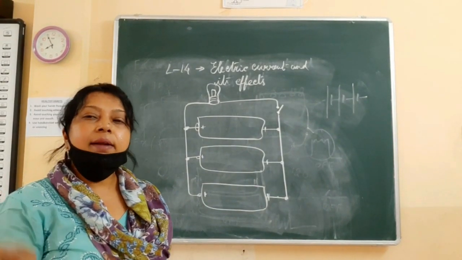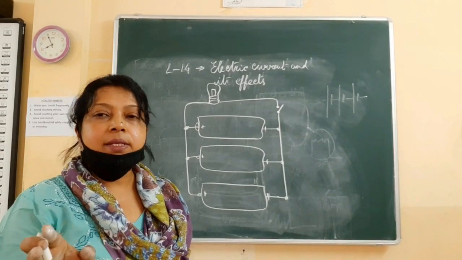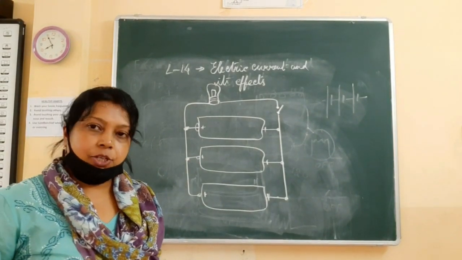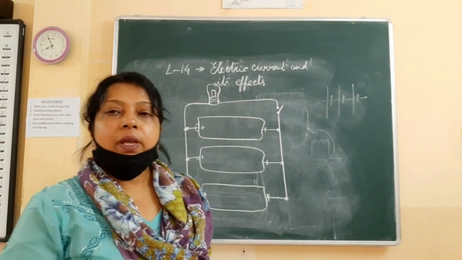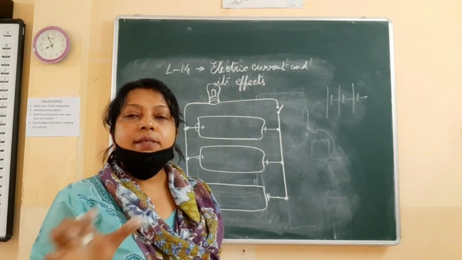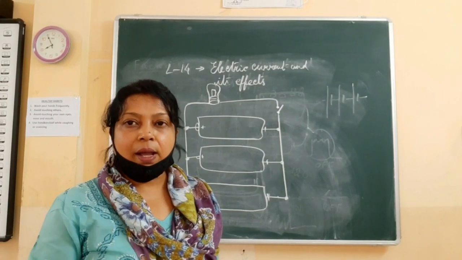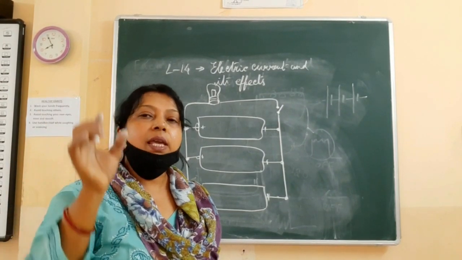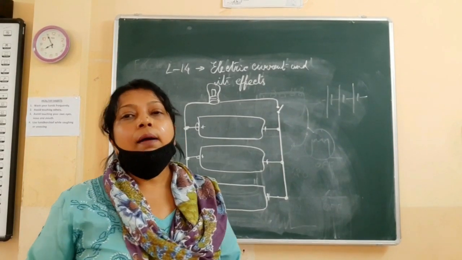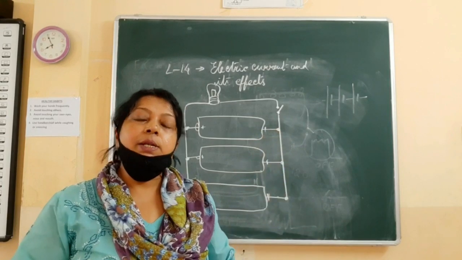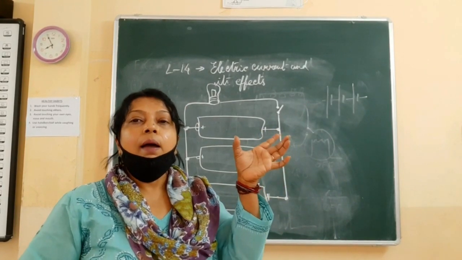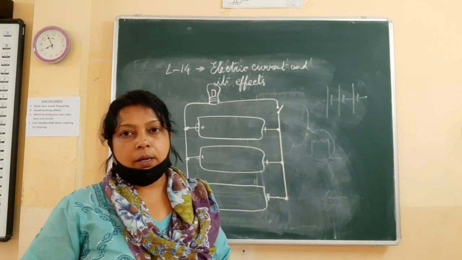So batteries are connected in two ways, the series connection and the parallel connection. In the case of the series connection, if the cells are connected side by side, then we use a metal strip to connect the negative terminal of one cell to the positive terminal of another cell by using the cell holder.